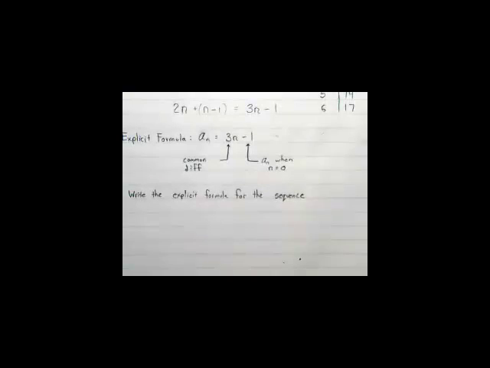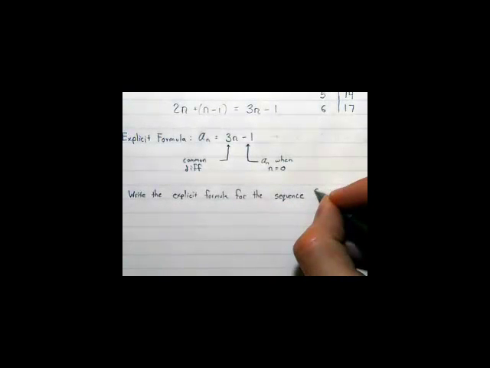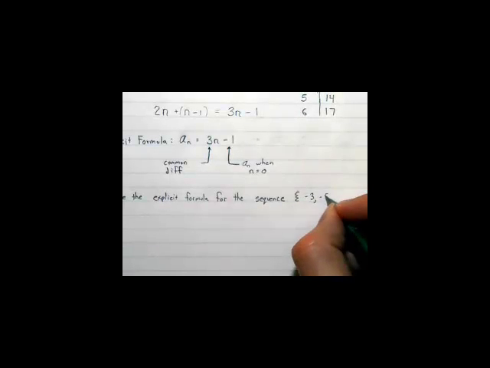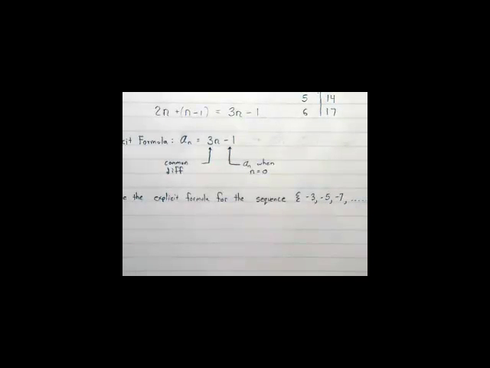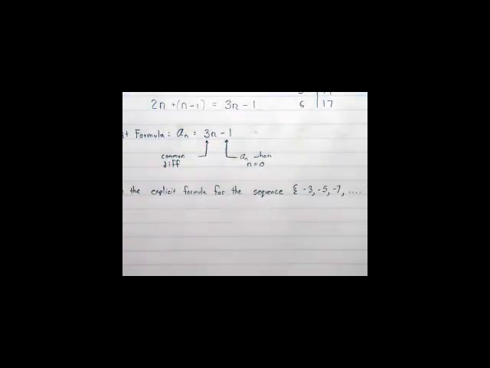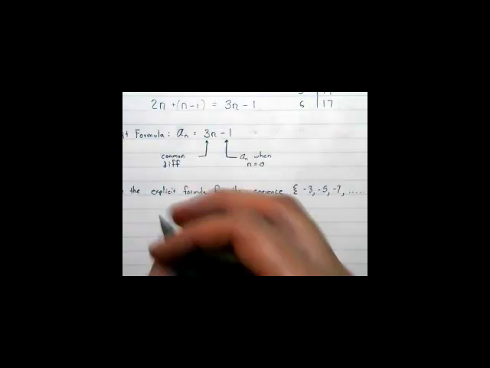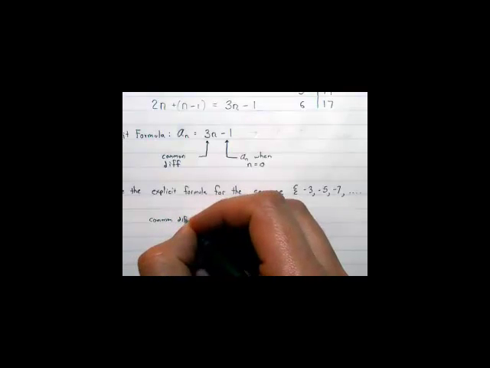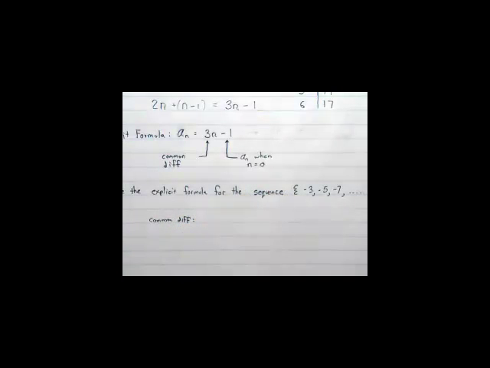So let's write the explicit formula for the sequence -3, -5, -7, etc. So what is that common difference for this one?